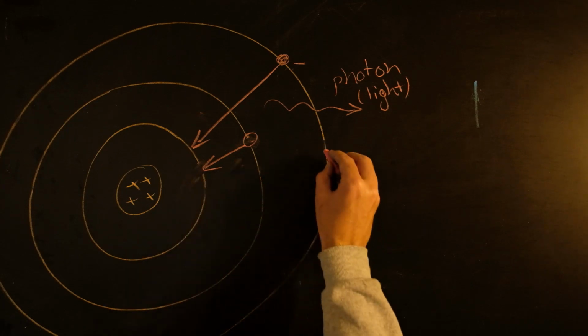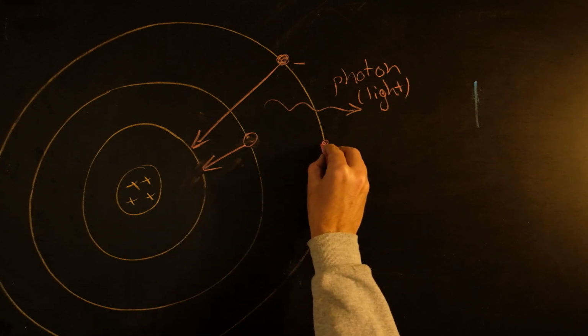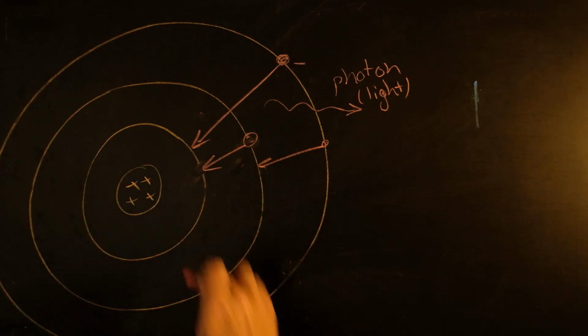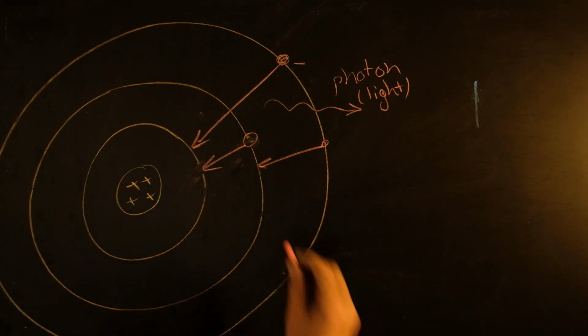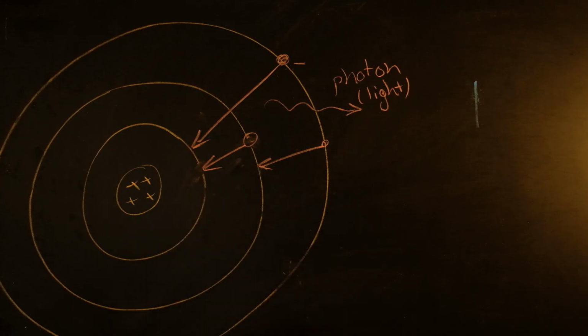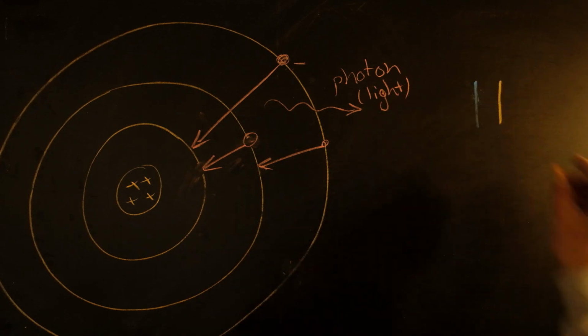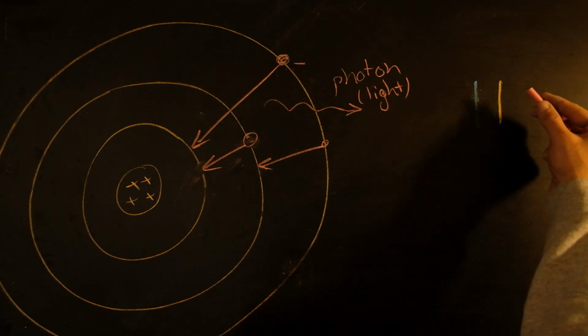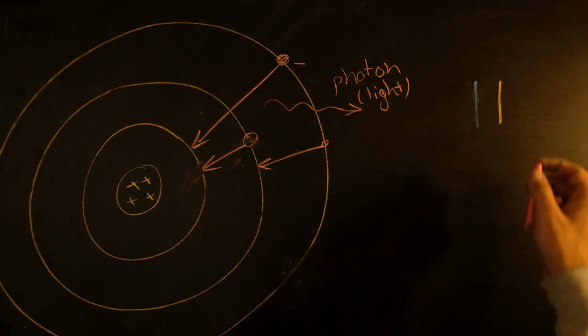Another possibility is this electron can jump from here to here, then from here to here. Depends on the situation. So at the end, we will have different colors and different lines going to lower energy.